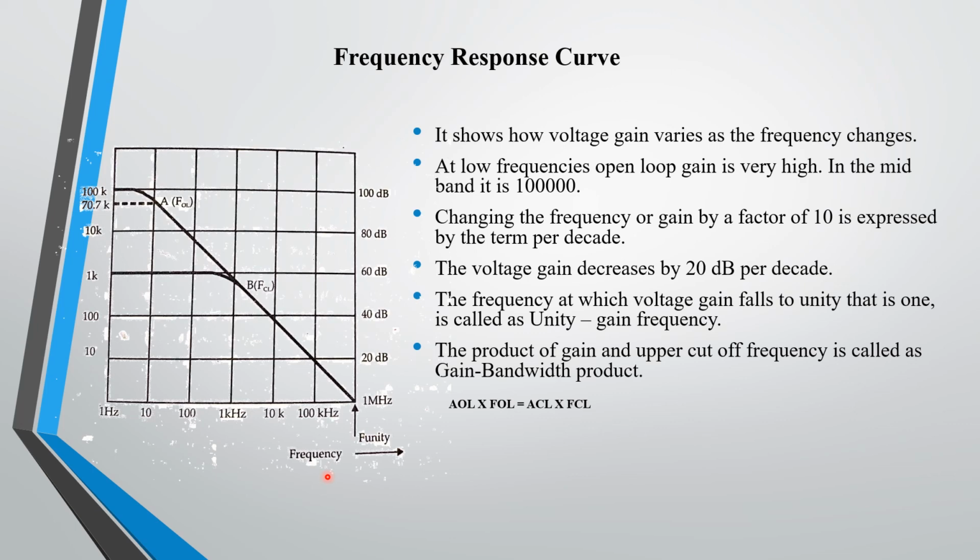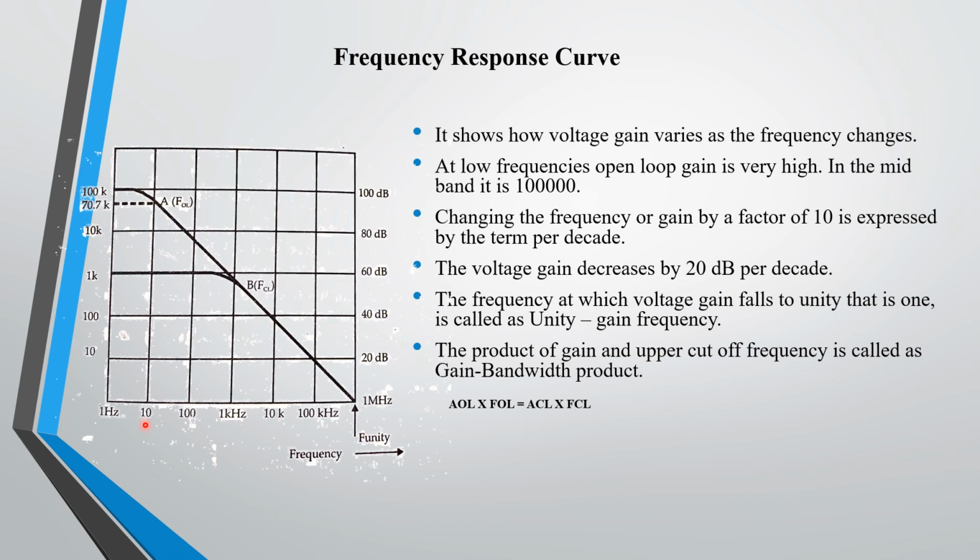As shown in this diagram, at low frequencies, the open loop gain, that is without feedback, is very high. In the mid band, AOL is around 1 lakh. At point A, the open loop gain is around 70.7% of the maximum gain, that is 70,000. The frequency for open loop gain is 10 Hz.